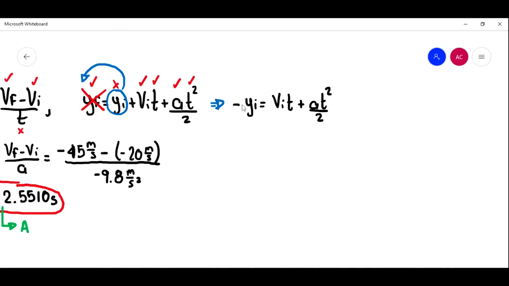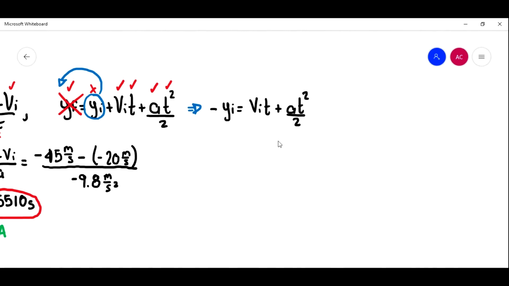Just realize that this negative, I need to get rid of that negative, but I'm not going to do it right now. I'm going to solve this equation, and at the end I'm just going to multiply the answer by negative. So minus initial position equals the initial velocity, that is minus 20 meters per second, that multiplies the time.